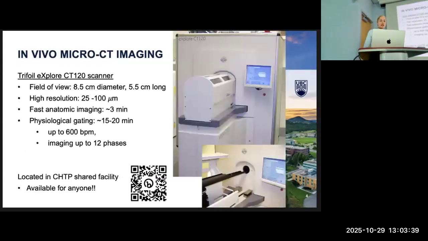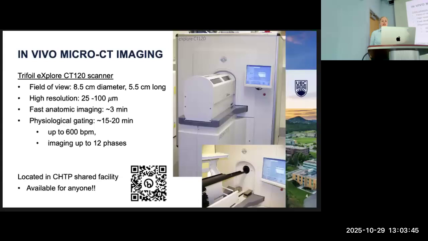So the instrument that I use very heavily at the Center for High Throughput Phenogenomics is the in vivo micro CT machine. This is an X-ray CT scanner designed for rodents, mice and rats. We can get high resolution of 25 to 100 micron, which doesn't seem high to the people who are used to scanning electron microscopes or TEM.